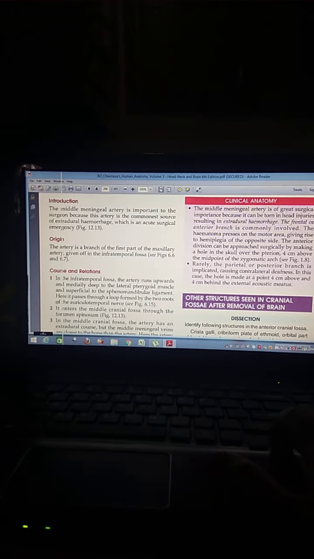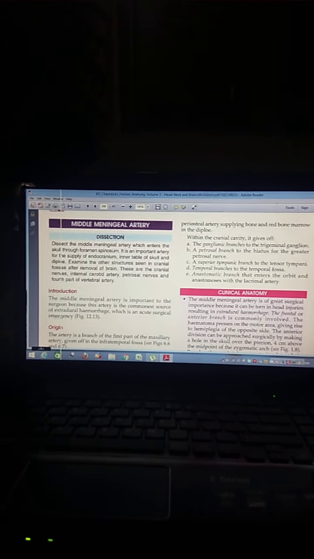Now, its branches. The middle meningeal artery supplies the dura mater. Within the cranial cavity it gives off the ganglion branch, the petrosal branch, superior tympanic branch, temporal branches, and anastomotic branches. Clinical anatomy.